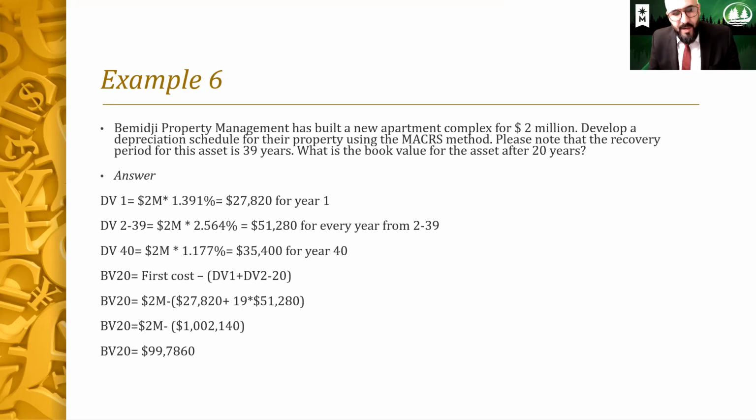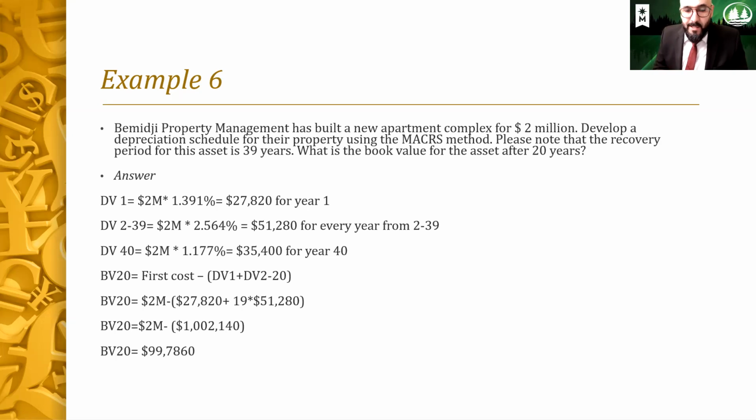Now, in order to find out the book value for the asset after 20 years, it would be the 2 million minus all the depreciation values from year 1 to year 20. We know that the depreciation value in year 1 was 27,820, plus the depreciation value from year 2 to 20 would be 51,280 for each year.